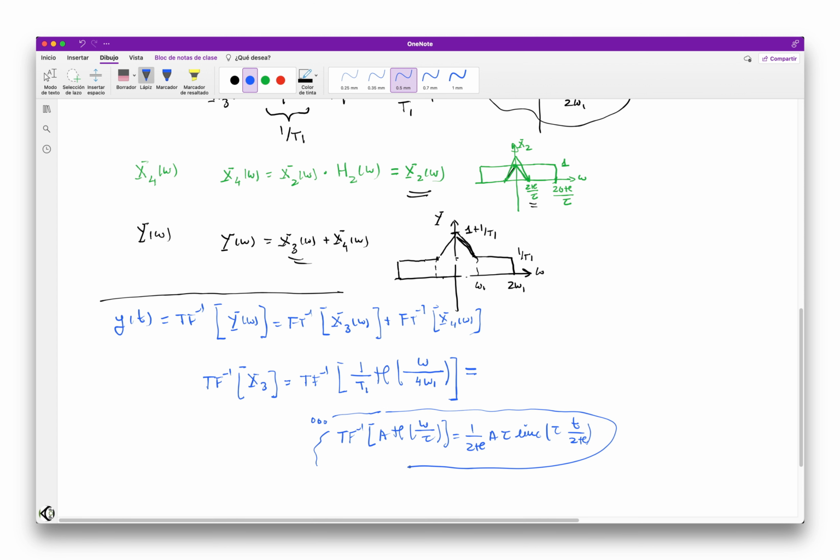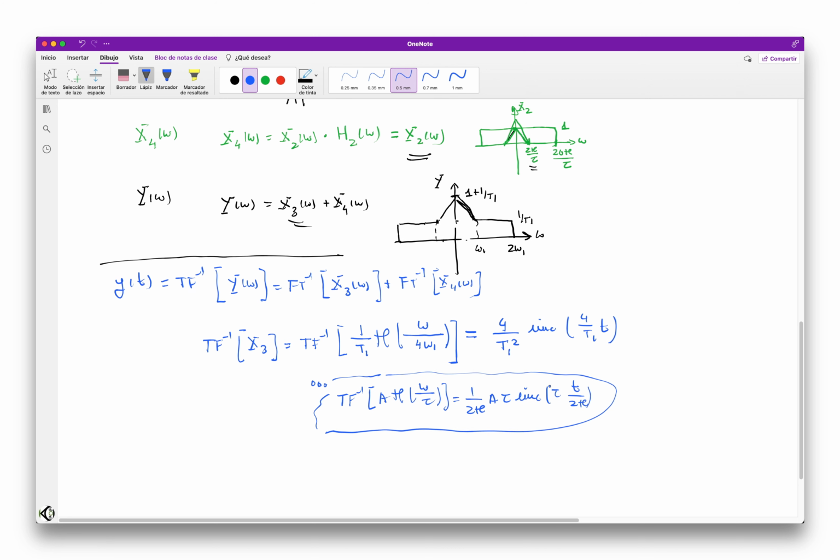This was calculated in another exercise. If we apply this to this case, we get 4 divided by t1 squared sinc of 4 divided by t1 t. This is the inverse Fourier transform of x3.